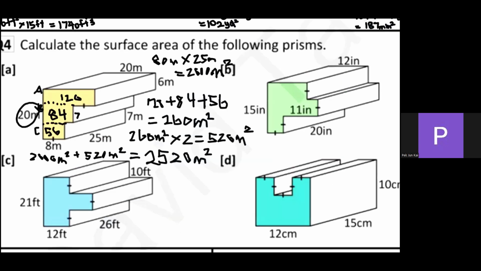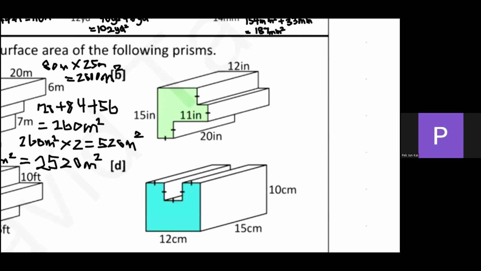Next question, question B. So again, we can find the perimeter first.